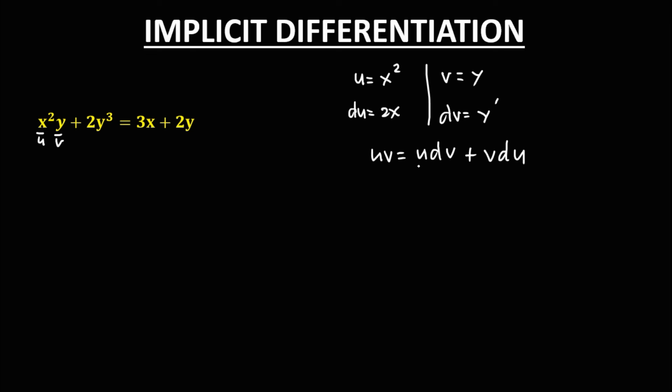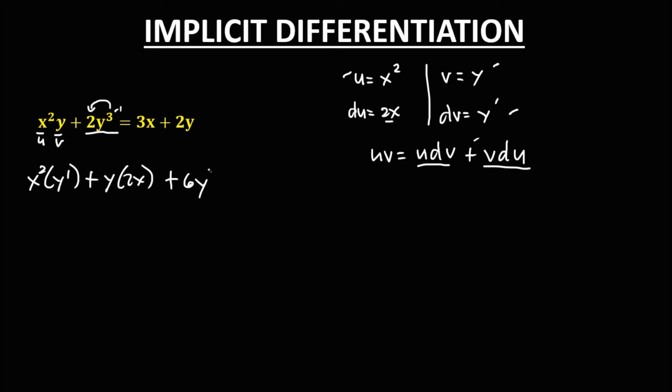So we have x squared times y prime, plus v times du, so y times 2x, then plus, for the derivative of 2y to the power 3, multiply 3 times 2, that's 6y, then minus 1 to the power 2, times the derivative of y, that's y prime.